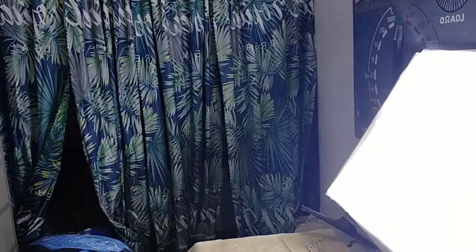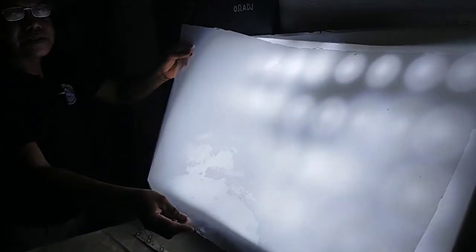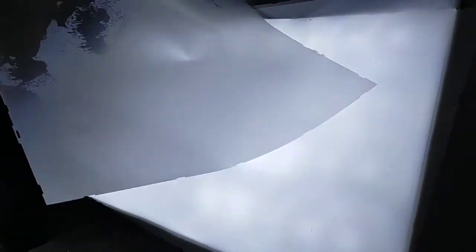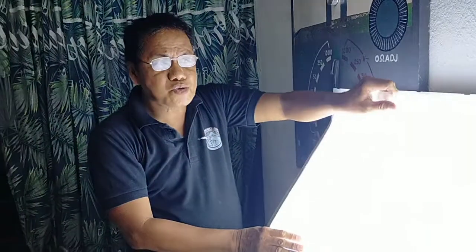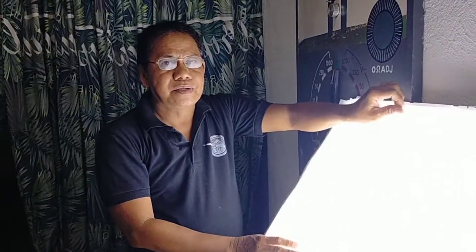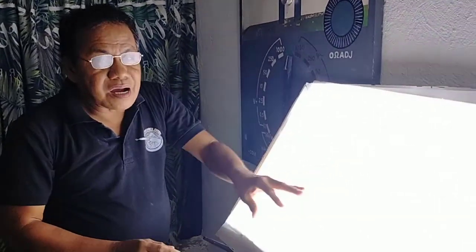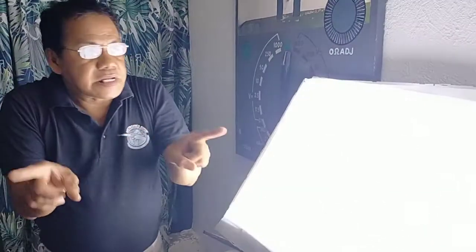Then it is followed by what we call the prism sheet. Okay. The prism sheet actually is made of polyester film. It is also plastic. It is also an insulator. The prism sheet gathers the scattered light.